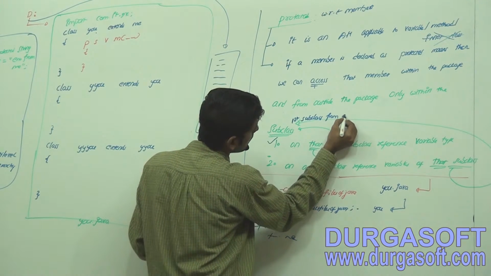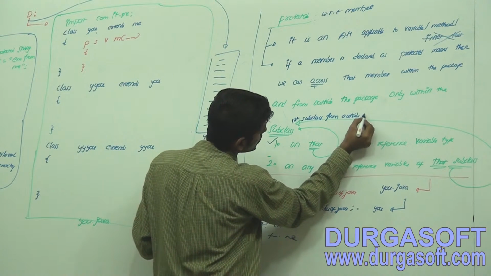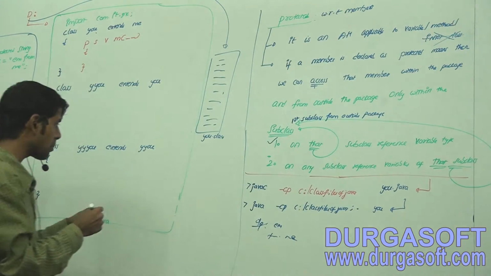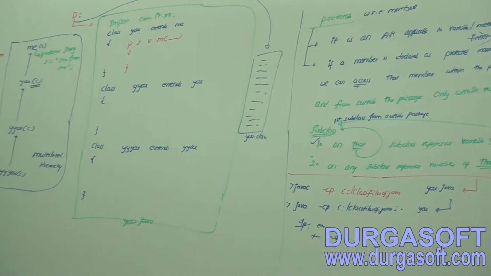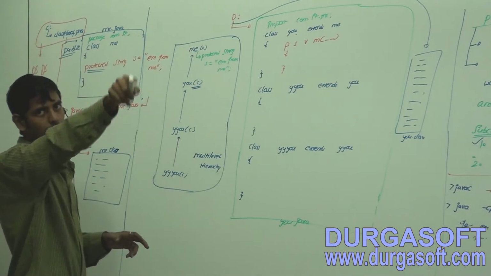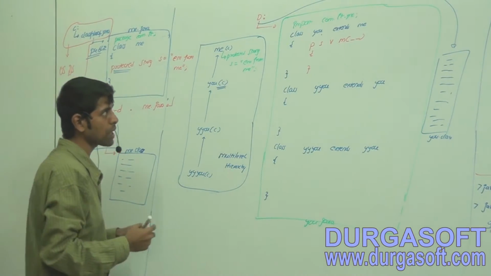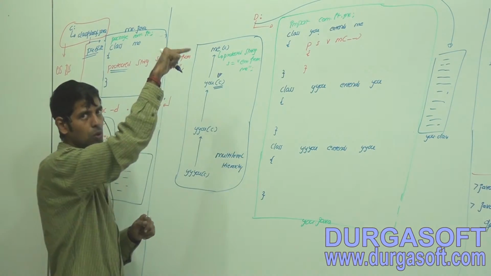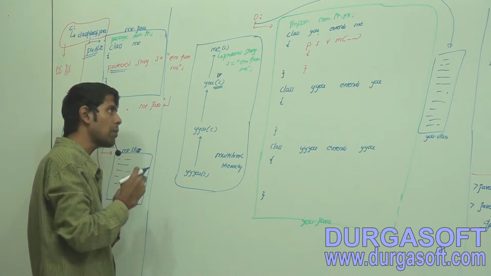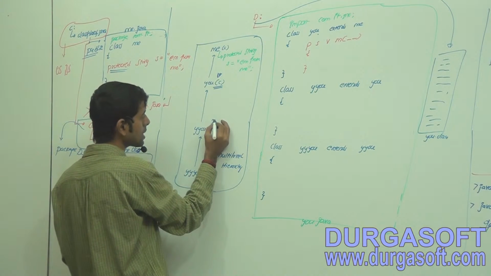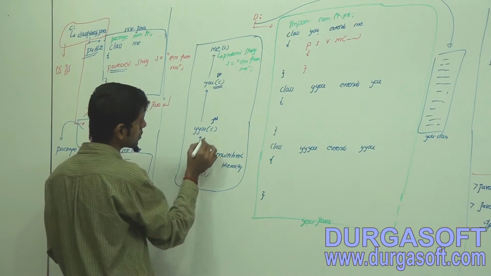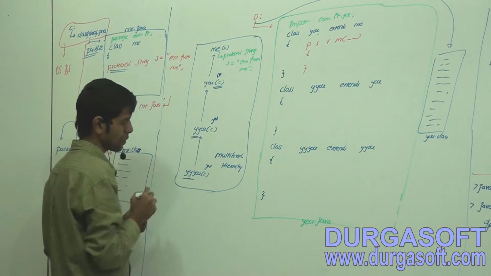What is the first subclass of Me from outside the package? The first subclass, friends, is U. U is the first subclass from outside the package, the second subclass is this one, and the third one is U.